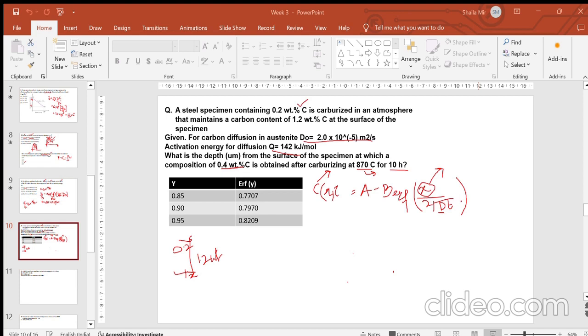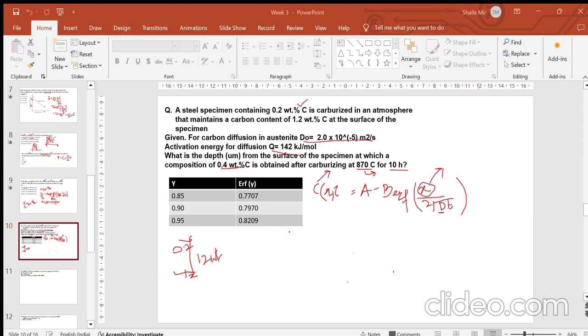So we have to write this ERF. This is an error function. We write it as such because we do not know x, but we know the value of D. So we'll first write it like this: 2 under root of Dt. Now you solve what is this value, 0.4 and 1.2. We solve these parts and we will have a value of ERF.